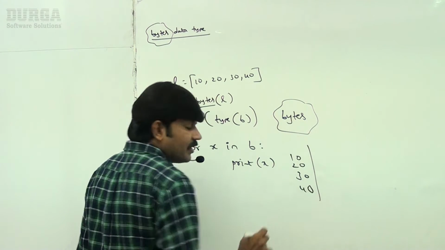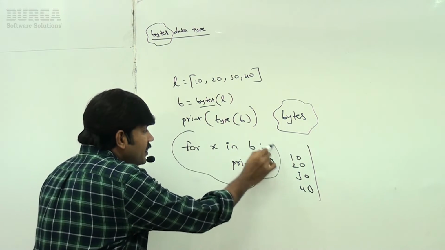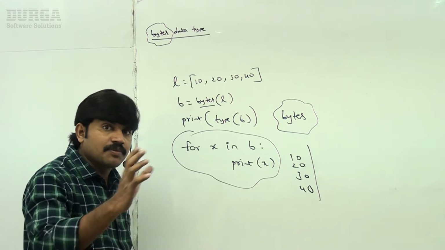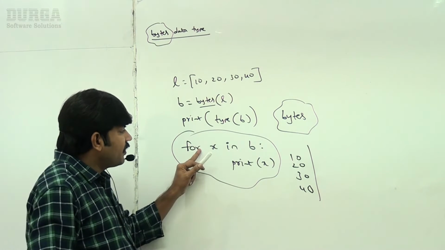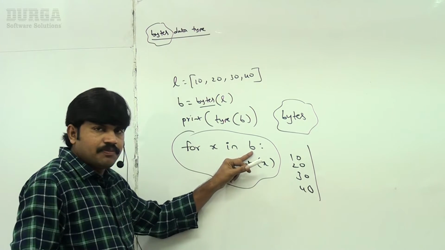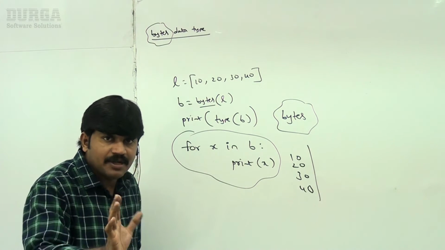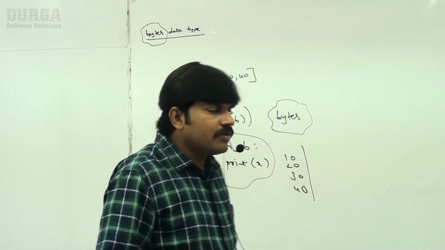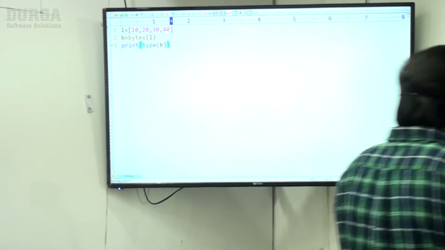By default we are going to get 10, 20, 30, 40. Do you know for loops? We will discuss loops in detail in flow control. Just be aware that for every element present inside B, we print that element. Up to that you should be aware.